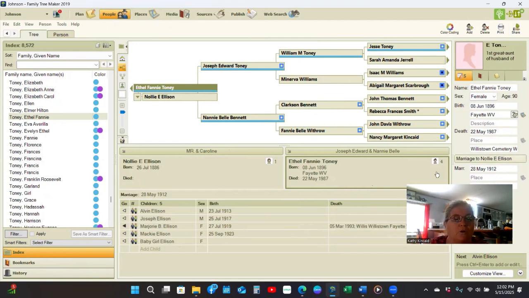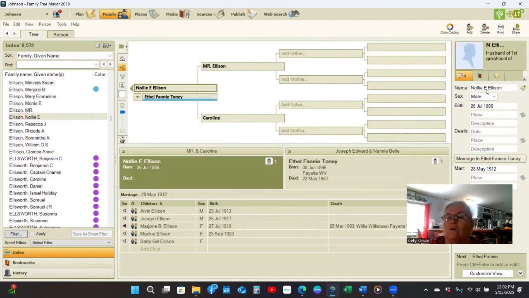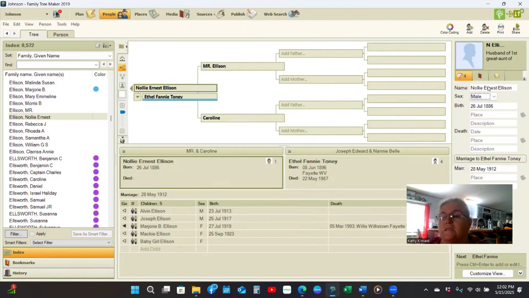She was married to Noel Ellison, and his name was Noel Ernest Ellison. So there are pieces and parts that have been elusive your whole life trying to find, and that little teeny tiny bit just excites you.